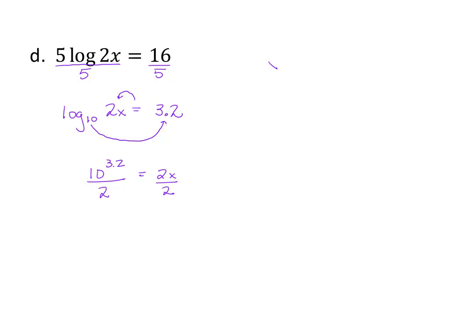And so what we have for our exact answer is 10 raised to the 3.2 divided by 2. And this is a calculator problem now. So let's go to our calculator and plug it in and see what we get. I get 792.4466.